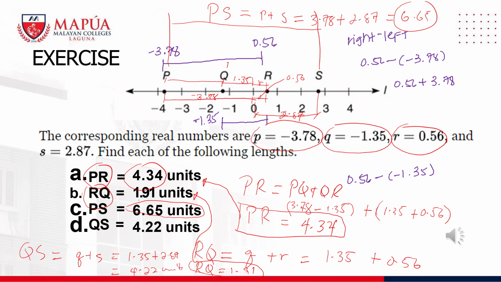That is how to calculate the distance. The distance, class, is calculated using the absolute value. Kasi kung it goes to the left of 0, negative siya. If it goes to the right of 0, positive. But since you are talking about distance, you just remove the negative sign, class, and then do the operation as plus or minus. Alright, so that's for this slide.